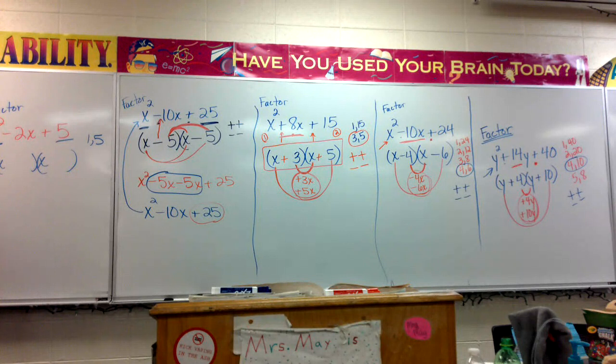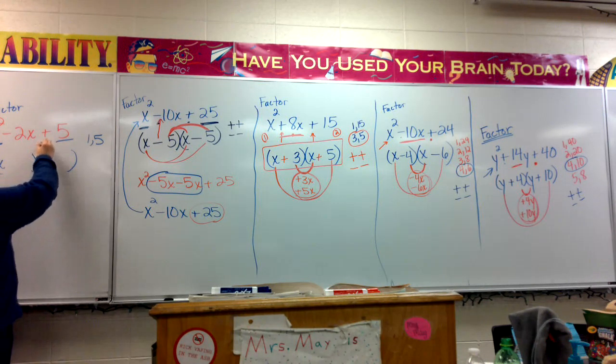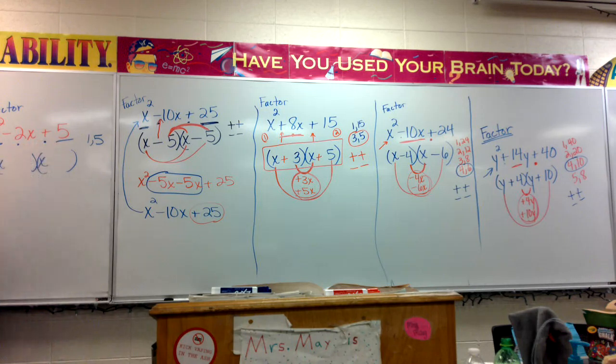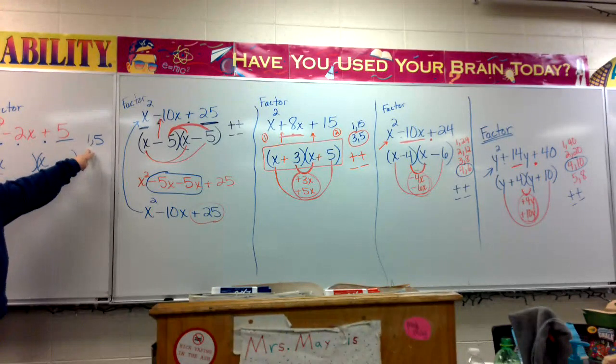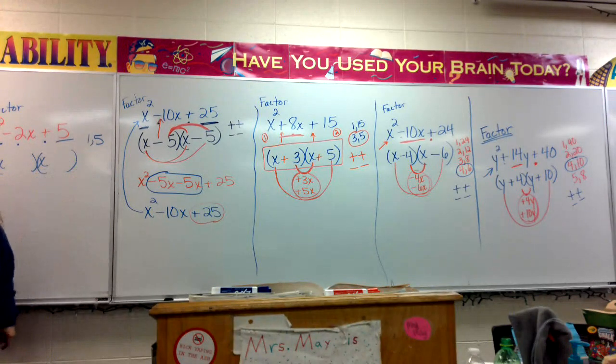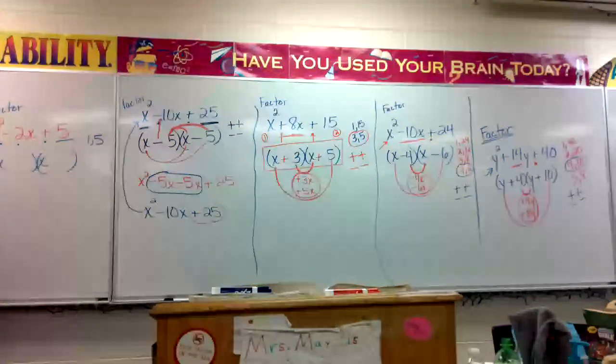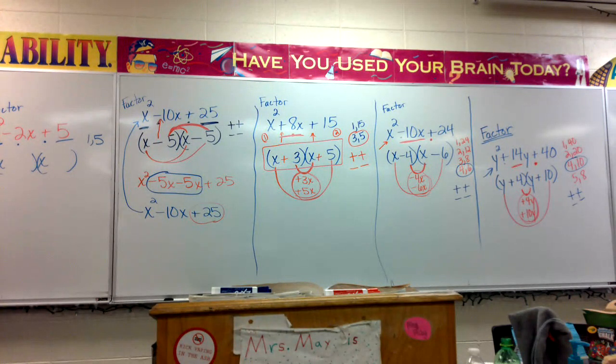Has to be 1 and 5, right? But it's got to add up to 2. Do those add up to 2? No. So what do you do if the combination doesn't work? You write prime. In that case, it's prime.